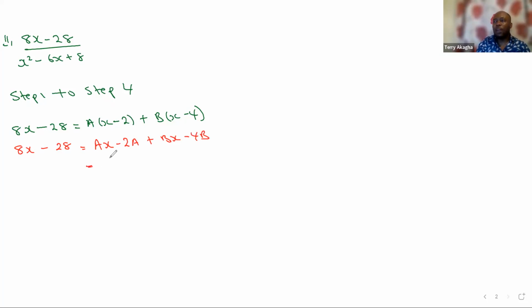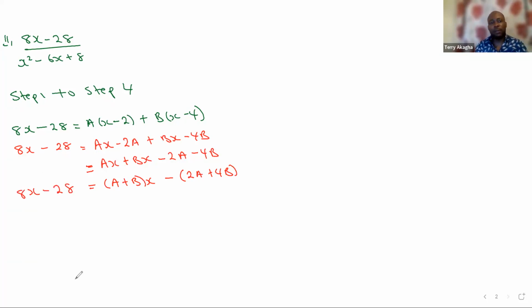I collect the like terms, so it will be ax plus bx minus 2a minus 4b. x is common in both of them, so I have (a plus b) all times x, minus (2a plus 4b), and this is equal to 8x minus 28.